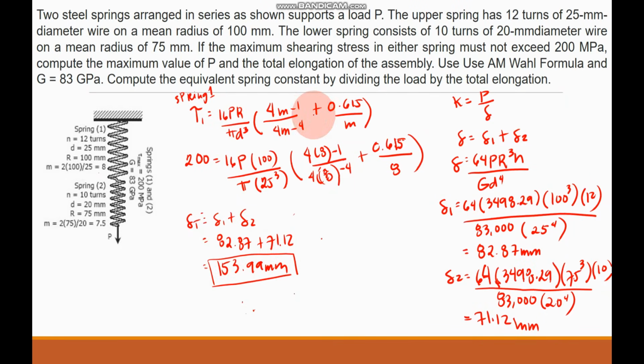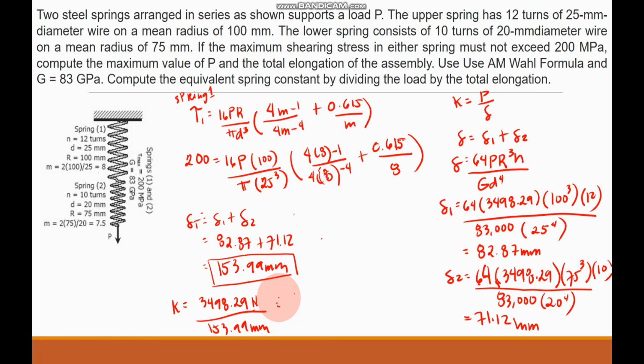Then, the problem is also requiring to compute the equivalent spring constant. So, this is K, by dividing the load by the total elongation. The P we got earlier is equal to 3,498.29 Newton all over the elongation, which is 153.99 millimeter.